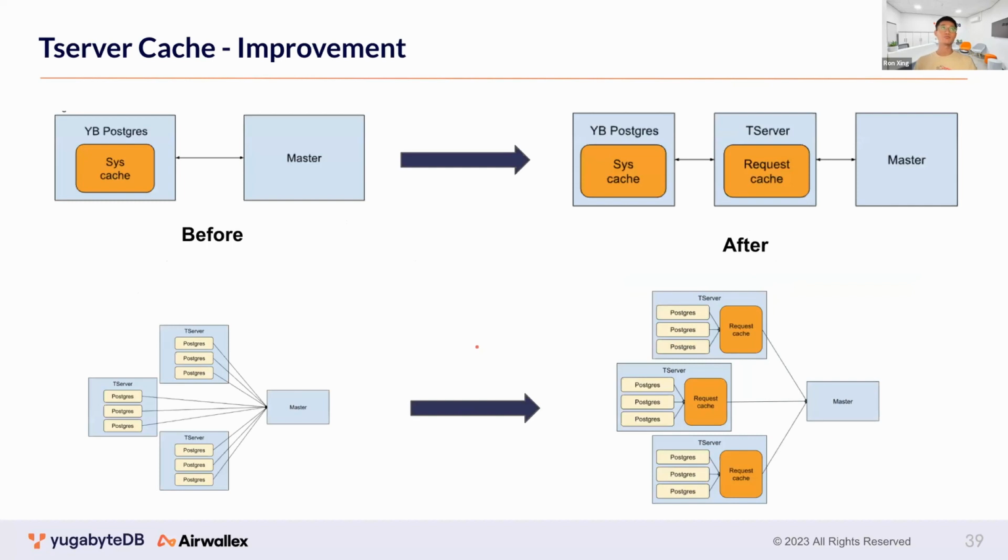So we have made an improvement to cache the metadata in the local T server. Before, for the system cache, you needed to go to the master node. But right now, we have made this T server cache, so the request cache can be cached on the local T server.